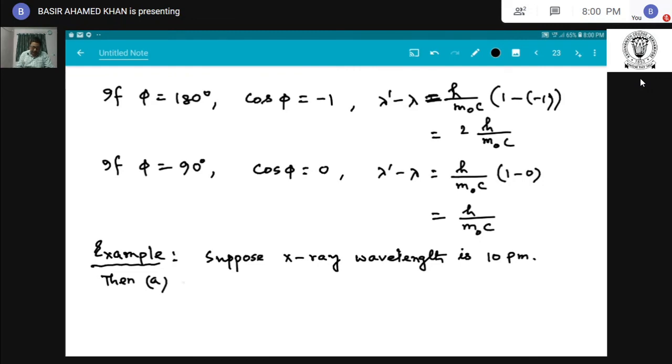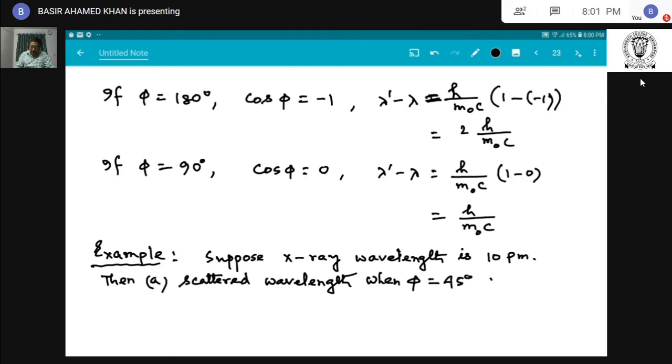First, find the scattered wavelength when phi equals 45 degree.